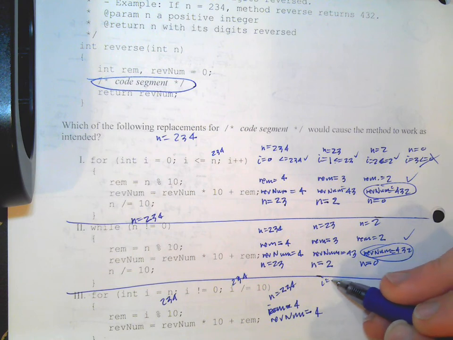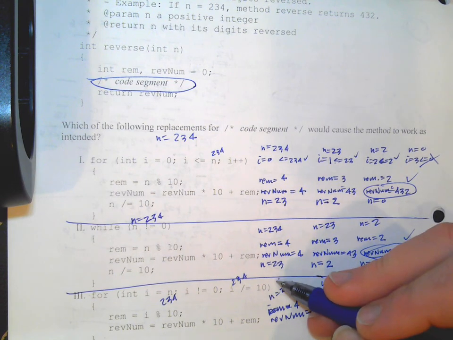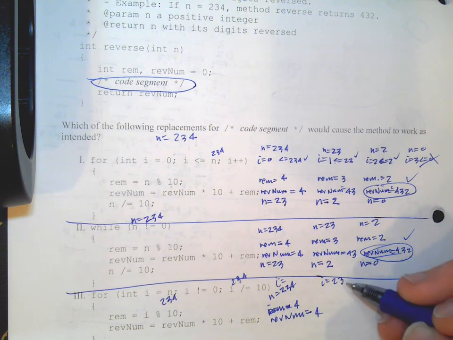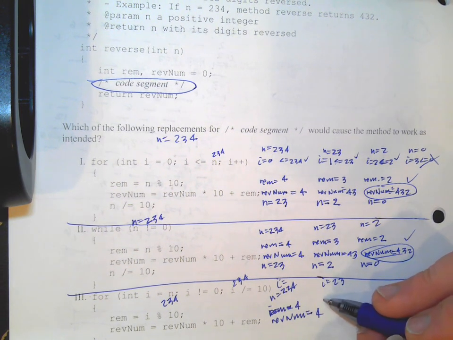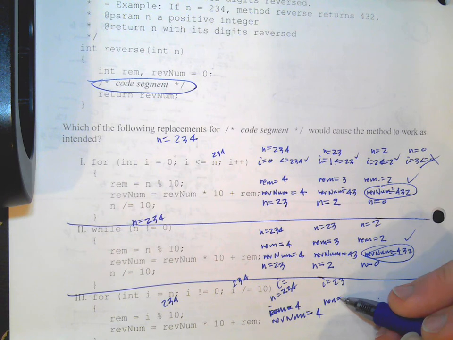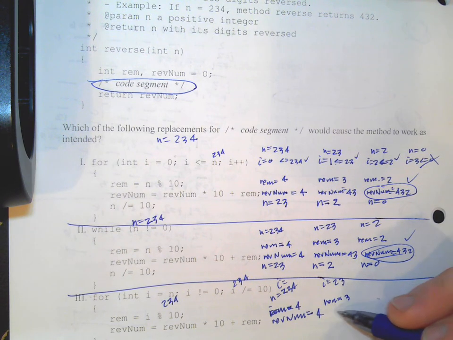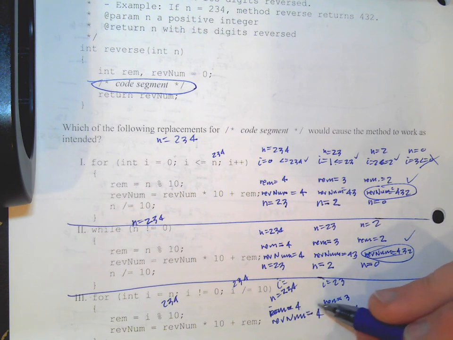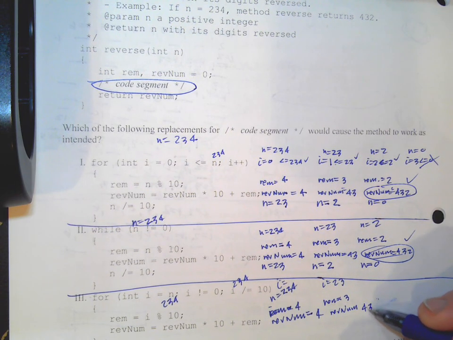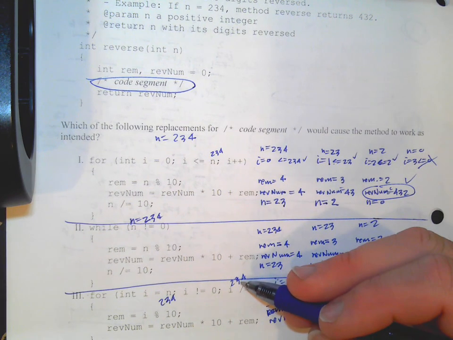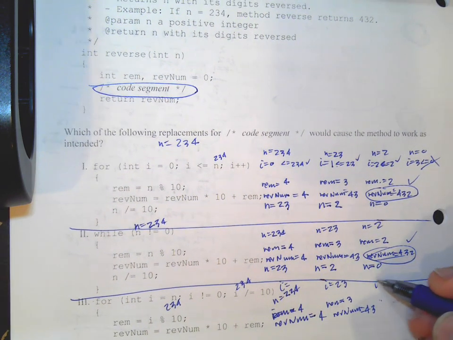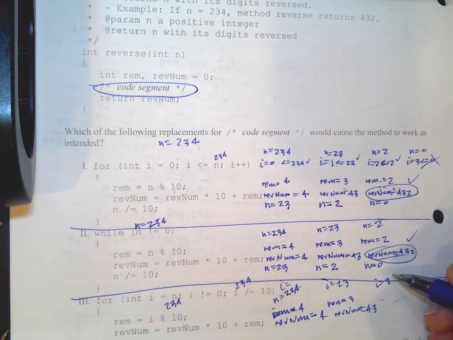So now i equals 23. I started with 2, 3, 4. Now i equals 23 is not equal to 0. We're going to do remainder equals that modulus 10, which is going to be 3, and then rev num is going to be previous value times 10, so 40 plus 3 is 43. And then i is going to be 23 divided by 10 is 2, which doesn't equal 0.